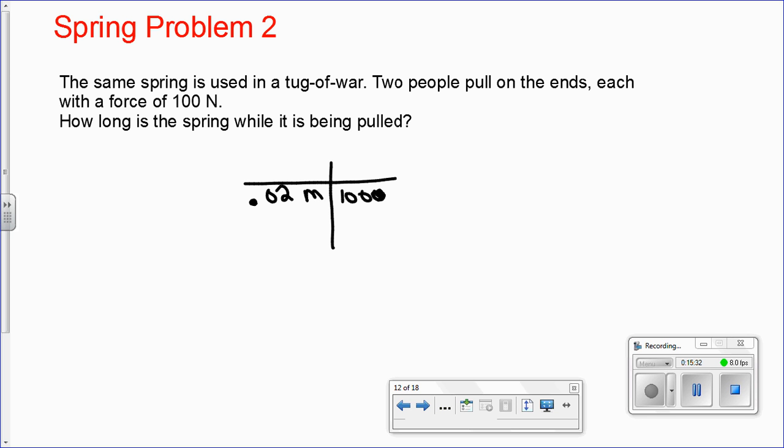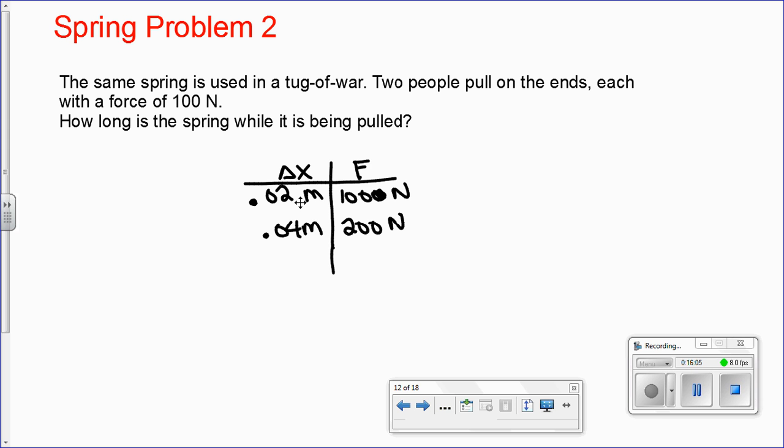Okay, so this is your change in x, and this is your force. Remember, this should be linear. It's a Hookean spring. So if we're going to apply 200 newtons, it's just being pulled in two opposite directions, okay? But again, it's still applying 200 newtons, just one on each opposite end. It should just simply double, and it should be very simple. Okay, it's going to be linear. If I apply 300 newtons, then it's going to move 0.06 meters, so 6 centimeters.